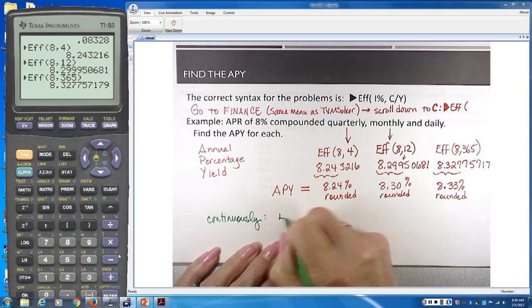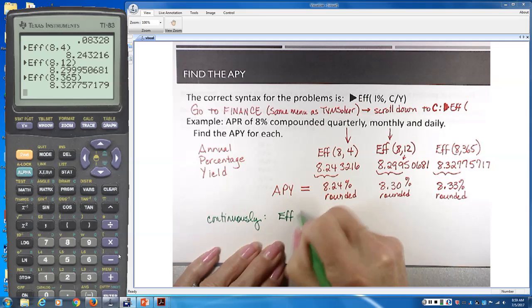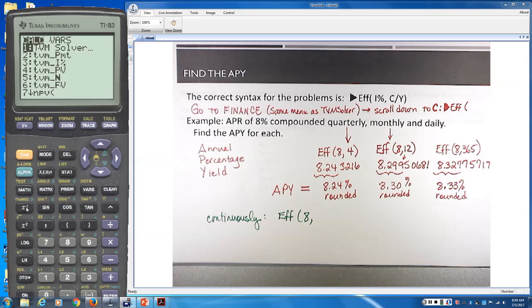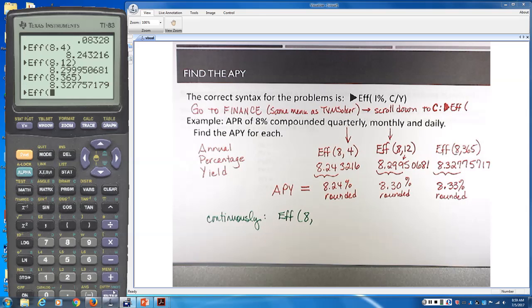We would do EFF, enter our percentage rate, and then for continuously, you can either multiply out and put in the final answer, or you can do the multiplication right here.